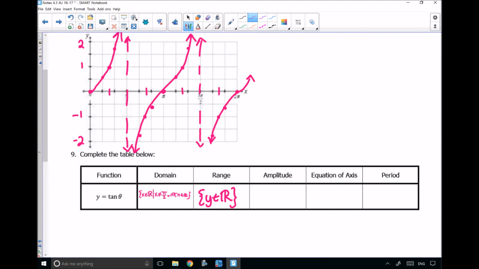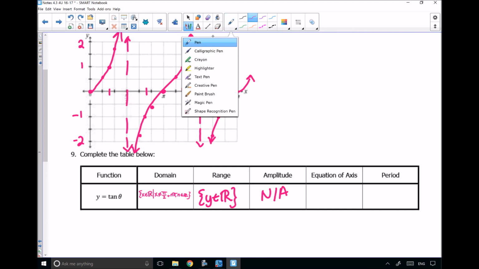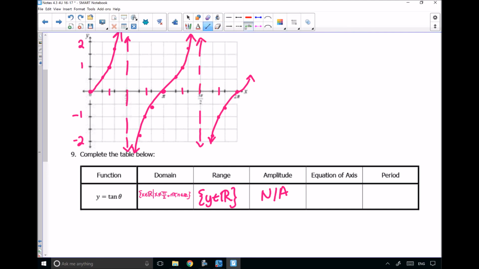Okay. Now for my amplitude, there isn't anything where I'm going back and forth between two values. So the tangent wave can't really have an amplitude. The equation of the axis is going to be where it's symmetrical in the middle. So right here, the equation of the axis is going to be y equals 0.